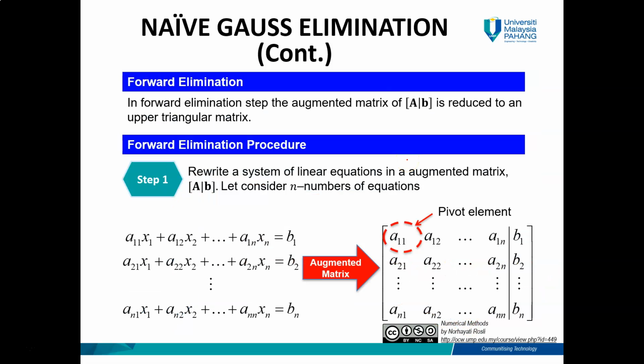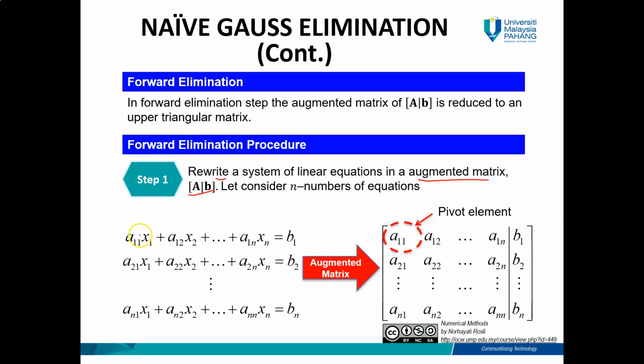So how can we do the forward elimination step? Step number one class, you need to rewrite a system of linear equations in terms of an augmented matrix, which as mentioned is the A matrix and B vector.